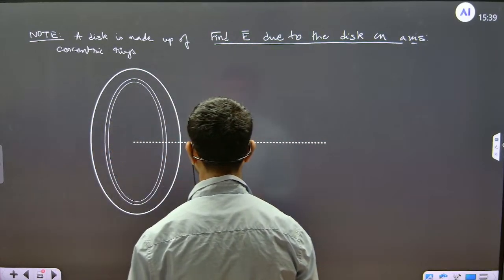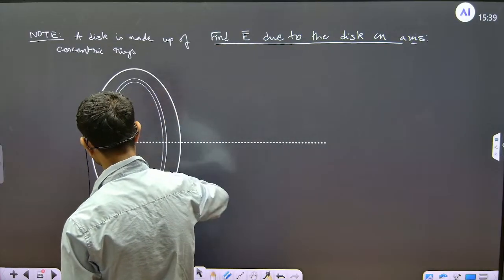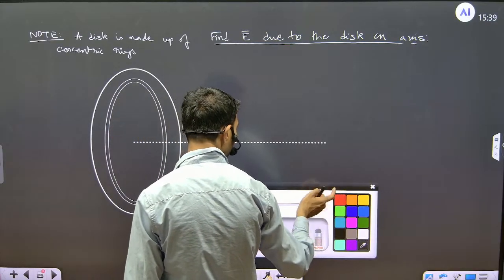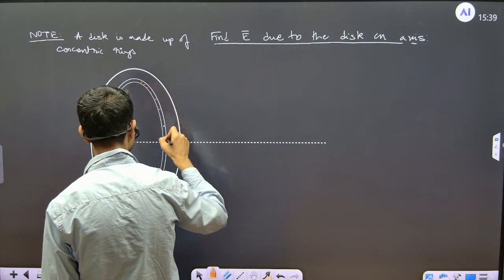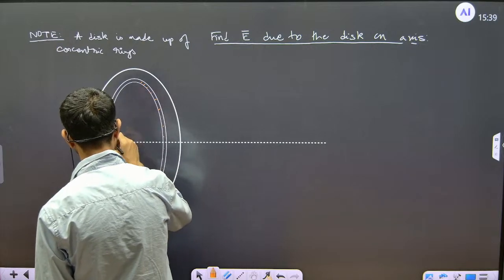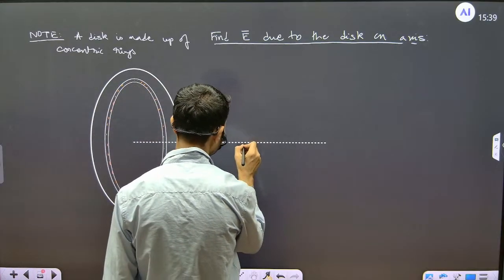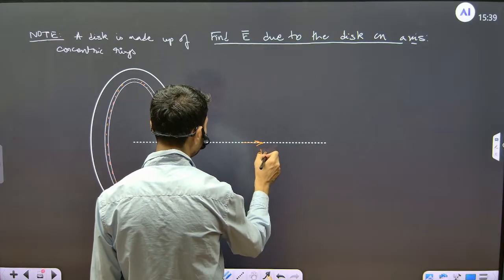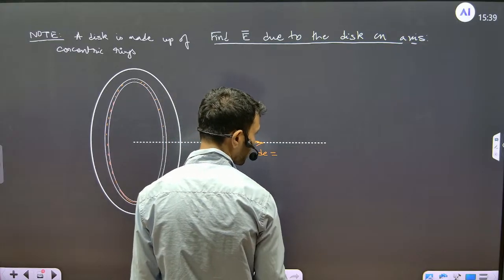Right. So what we have to do, you see, I told you the disk is made up of small rings, right? So this is one of those rings. This is one of those rings, right? This is one of the rings. And because of this ring, I'm going to find out the electric field at this point, right? That will be small electric field dE. That will be, what is the formula?